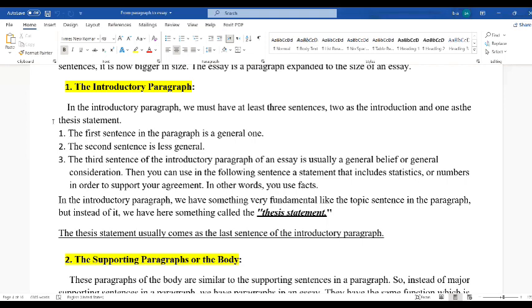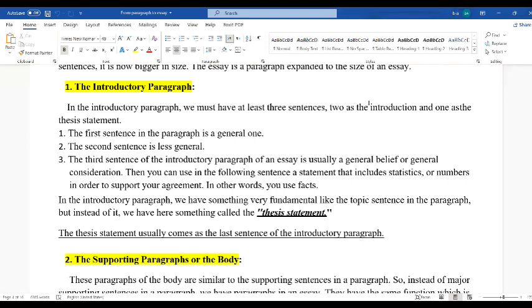For example, what is war? What are examples of war in the world? This is talking in general, and this is the introduction of the topic. So we have at least, as we said, three sentences in the introduction, two as introduction to the topic.